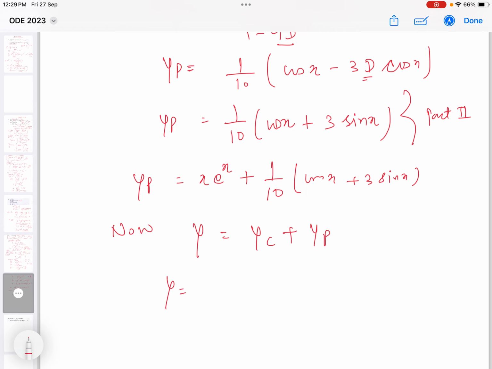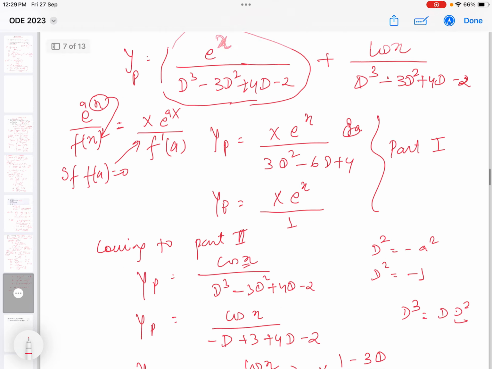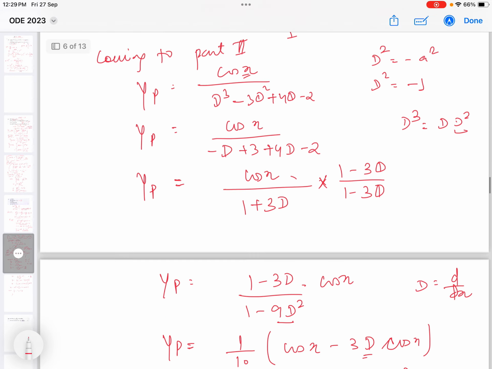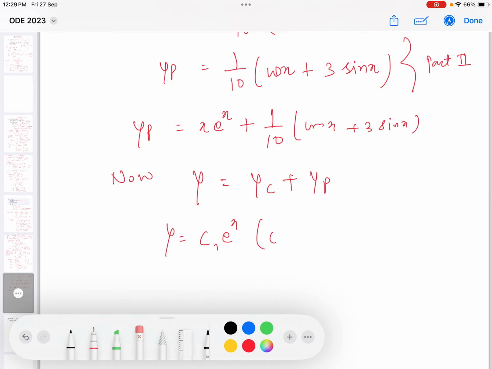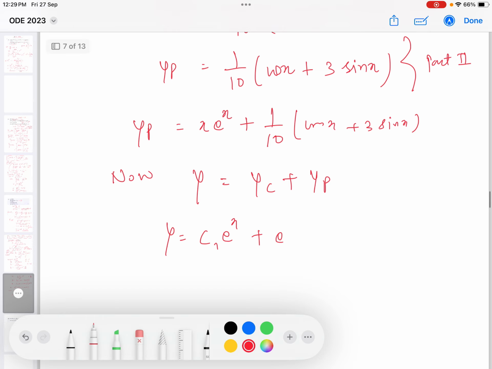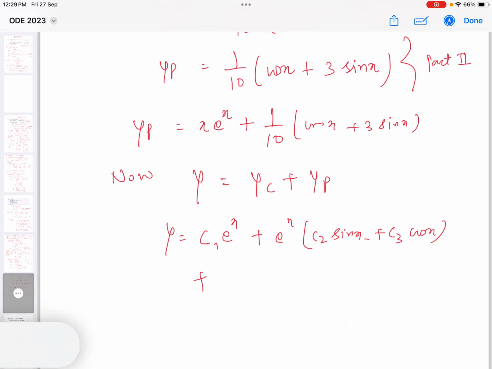So y equals c1 e to the power x plus e to the power x (c2 sin x plus c3 cos x) plus x e to the power x plus 1 by 10 (cos x plus 3 sin x).